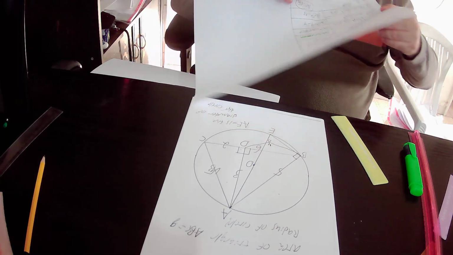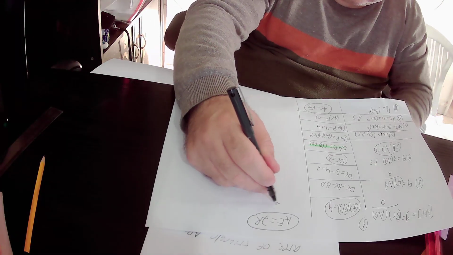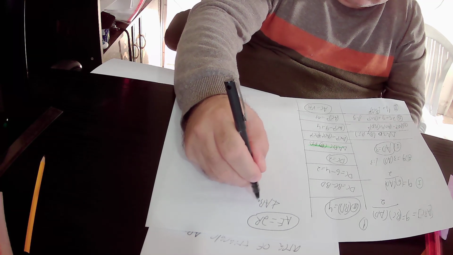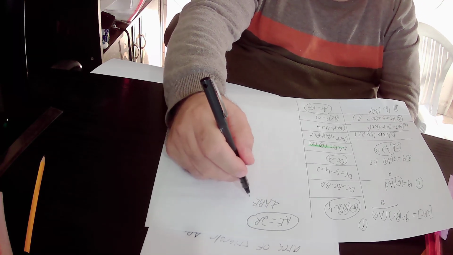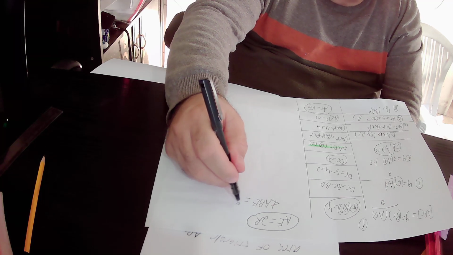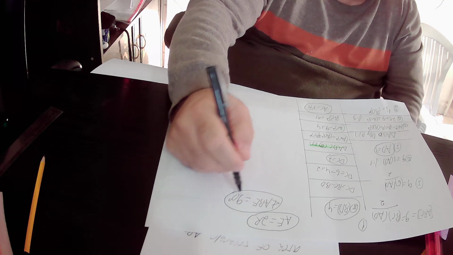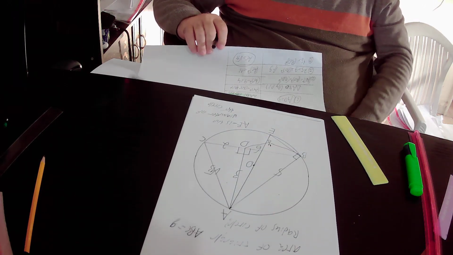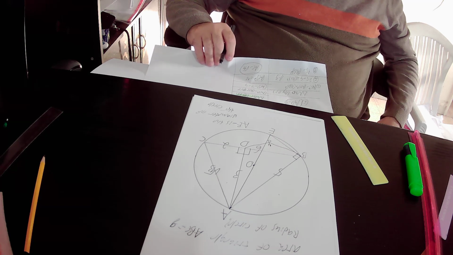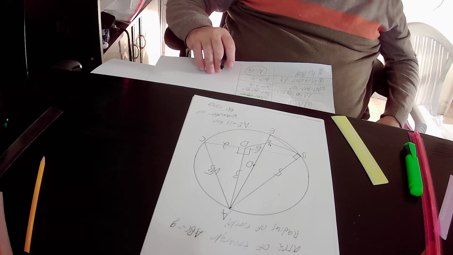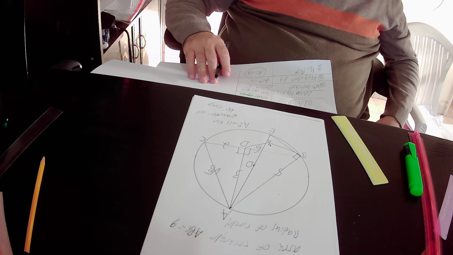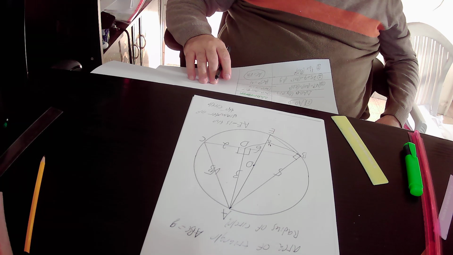Okay, write it down. Angle ABE is a peripheral angle that rests on the diameter, therefore it is equal to 90 degrees. And we also have another rule that states that peripheral angles that rest on the same chord are equal to each other.